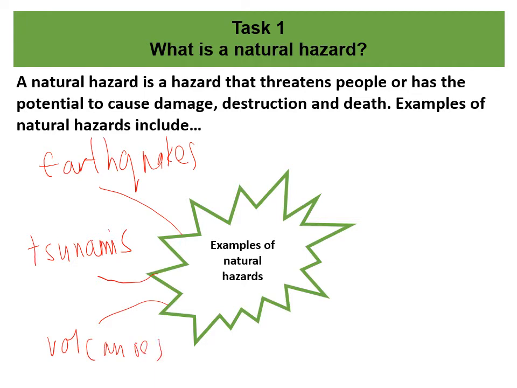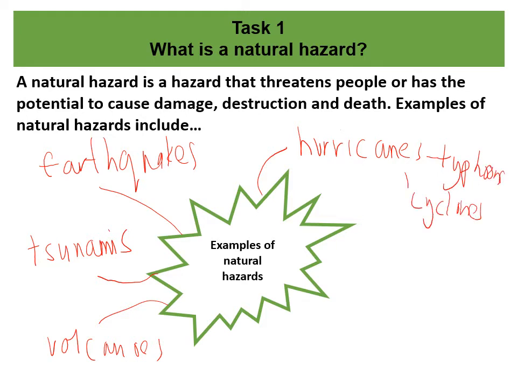And then we have hazards that are caused by atmospheric conditions. So we have things like hurricanes. Hurricanes have different names depending on where they happen in the world. So they can also be called typhoons, cyclones, as some examples, or also tropical storms.